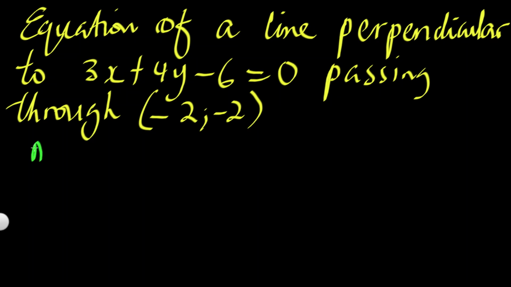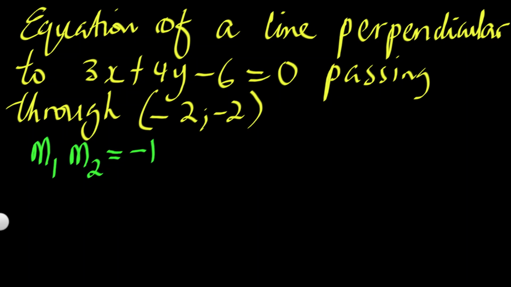So if we multiply m1, the gradient of one line, times the gradient of the other line, we should get minus 1 if these lines are perpendicular. This is some knowledge that you should have when dealing with this kind of equation. From the previous one, I said if two lines are parallel, they have the same gradient. But if two lines are perpendicular, it means if we multiply their gradients, we get minus 1.